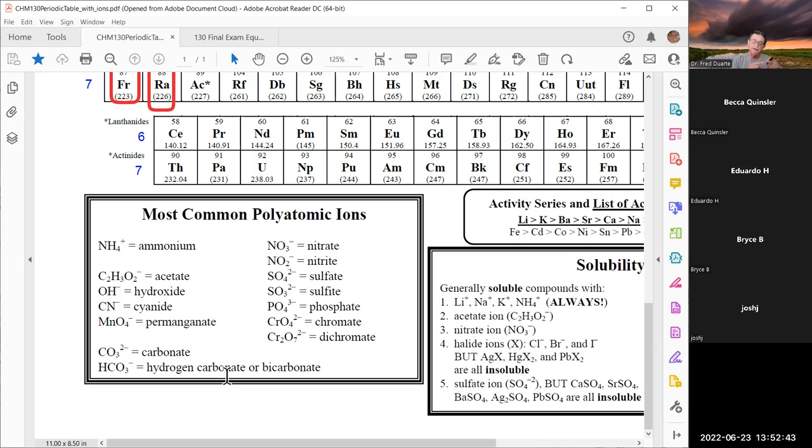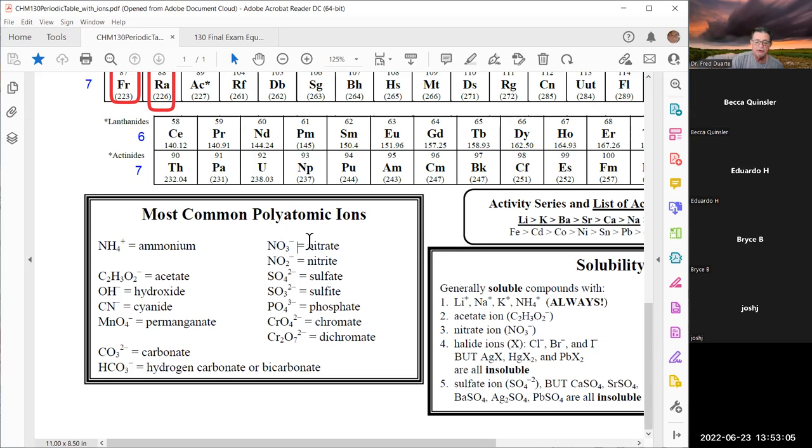But they end up with a charge, making them ions. And the aspect I told you before when I introduced these is that these are units. They stay together as units. For example, the first one, NO3, is called nitrate.